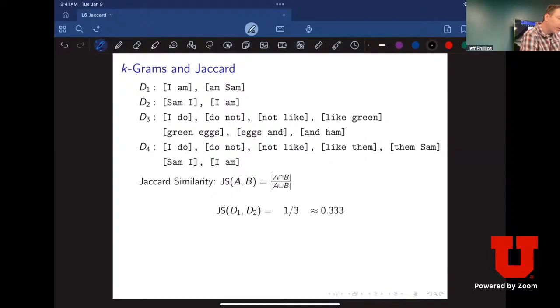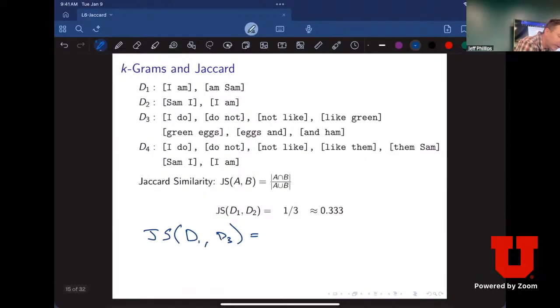Let's do the Jaccard similarity between D1 and D3. What's the intersection between D1 and D3?